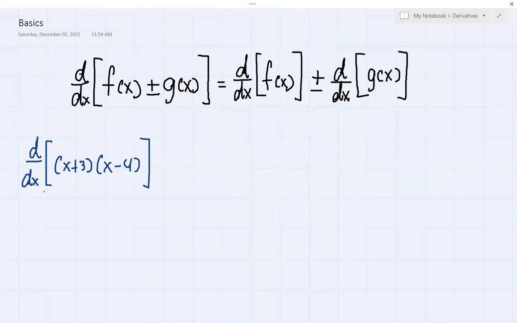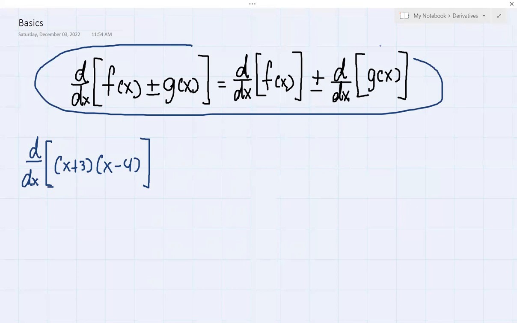What if I give you this one? Do you think itong rule na to, which is sum and difference rule of differentiation, is still applicable dito?